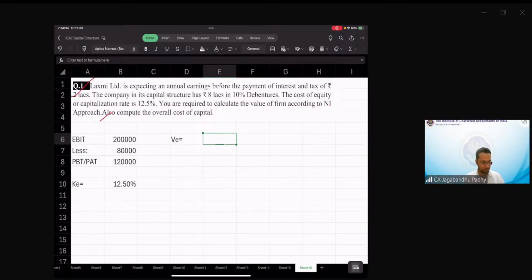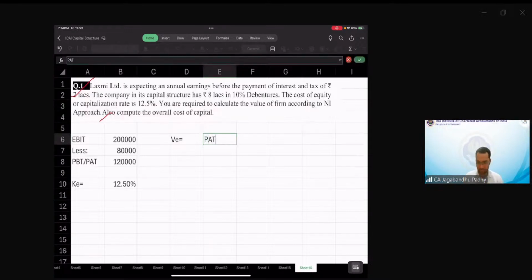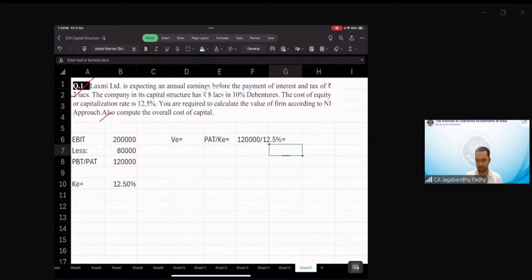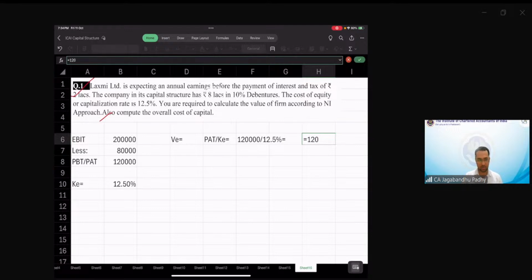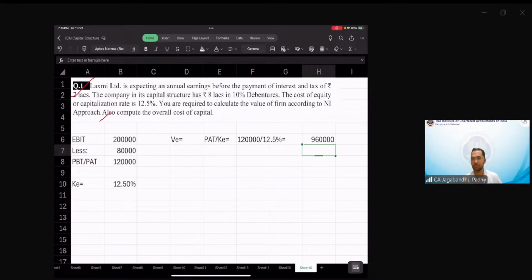Can I say PAT upon K? So PAT is basically 1,20,000 divided by 12.5%. That is 9,60,000. Correct?